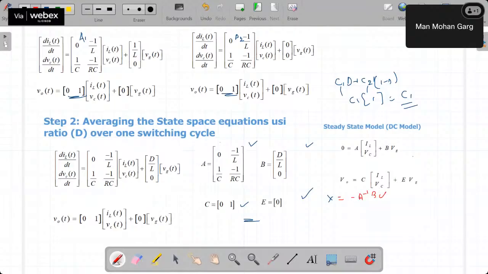We have A with us now, so we can get it easily. What is X in our case? IL and VC, right? And A is this one, so minus A inverse, with entries 0, minus 1 upon L, 1 by C, minus 1 upon RC. What is B?